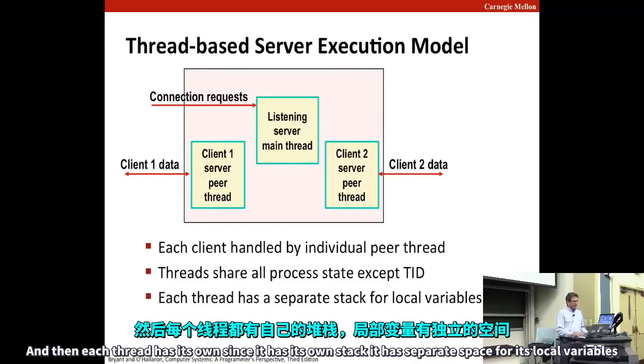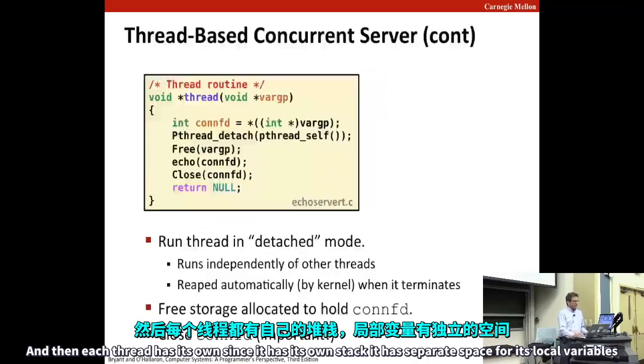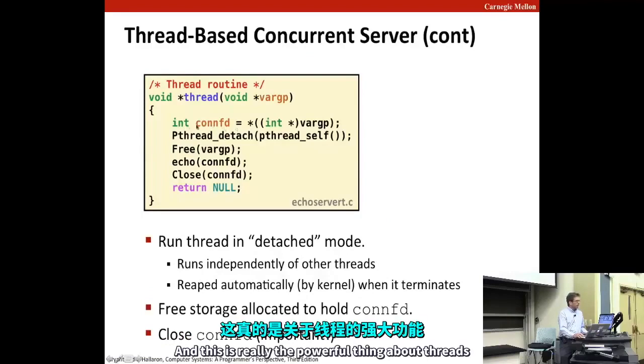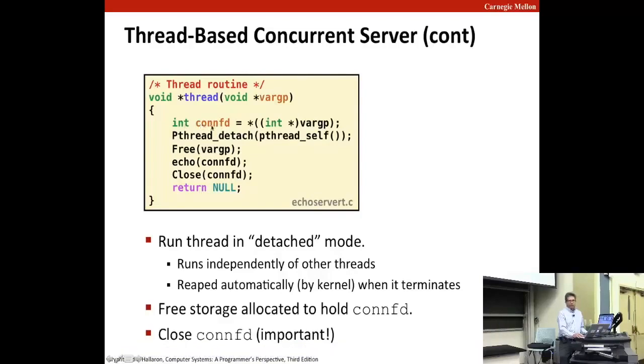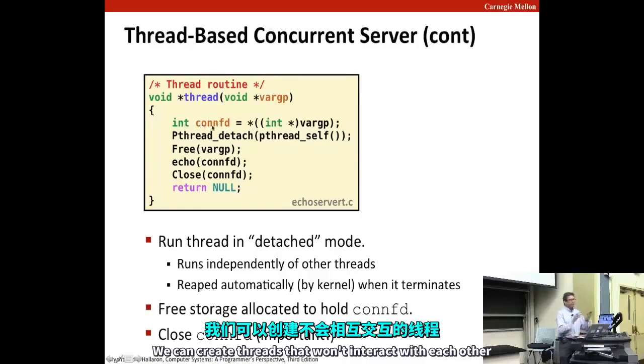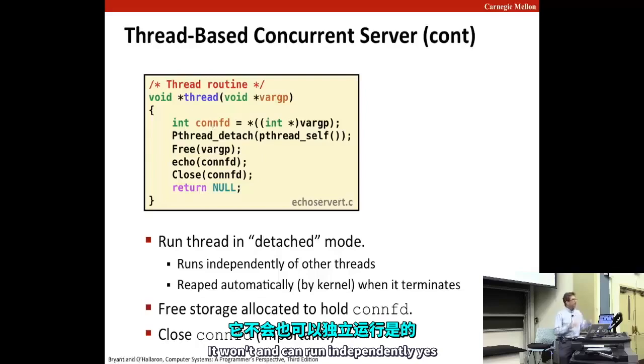And since each thread has its own stack, it has separate space for its local variables. This is really the powerful thing about threads. By declaring these local variables, we can create threads that won't interact with each other and can run independently.